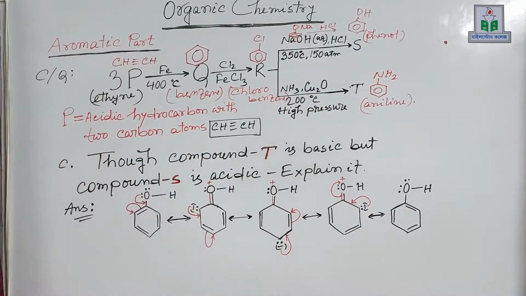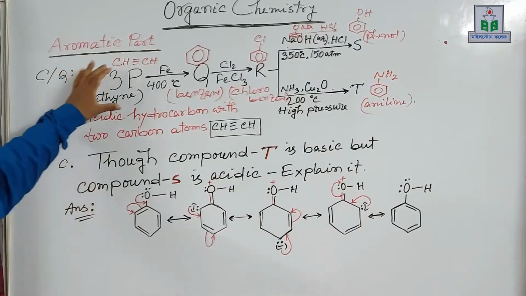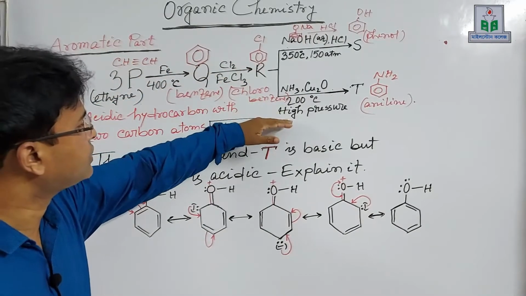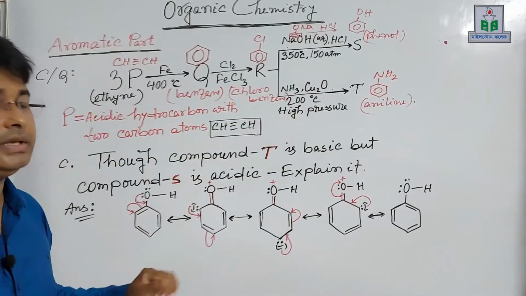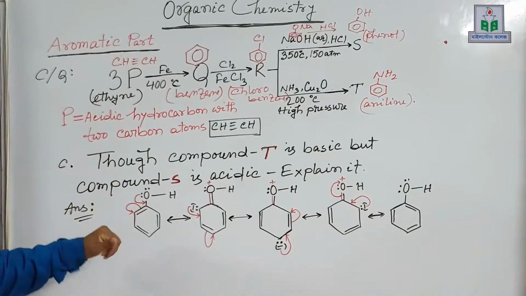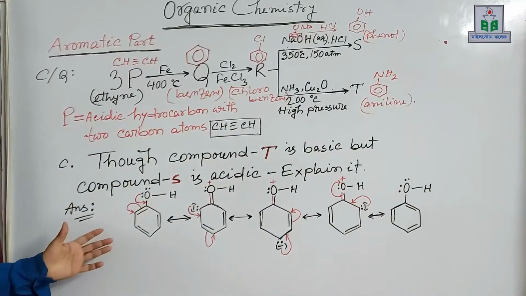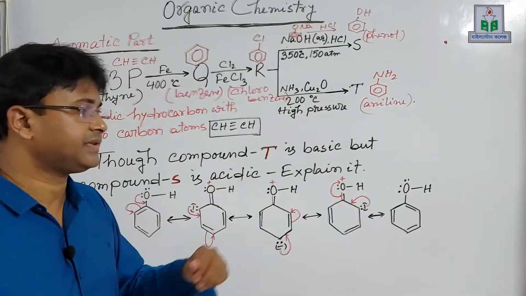Explain it. Dear students, first you have to write the relevant reaction according to the stem. Then you have to describe why phenol is acidic in nature, and then you have to draw the resonance figure.